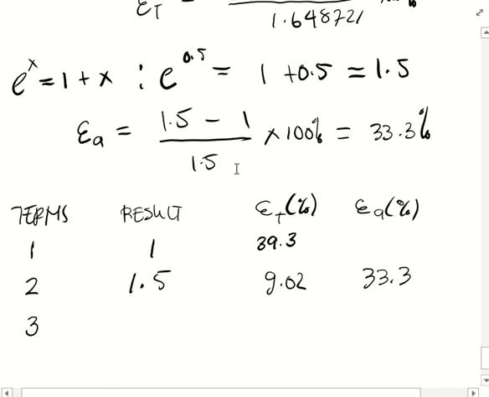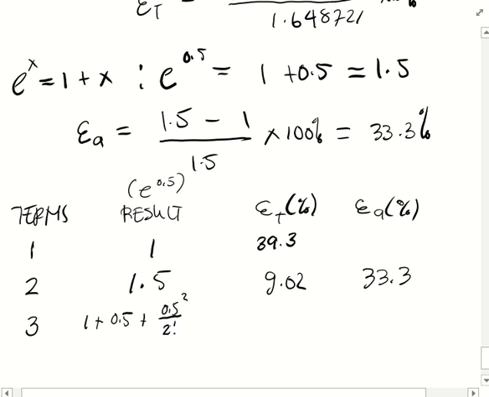So what will be the result? This will be 1 plus x, so that's 0.5. So this is e raised to 0.5. Then we add another one, 0.5 squared divided by 2 factorial.